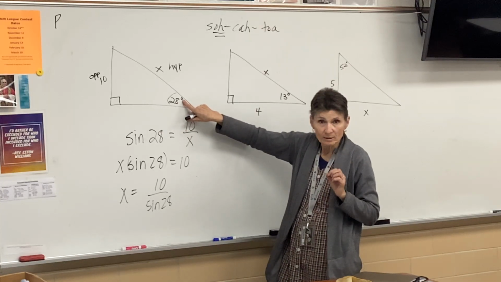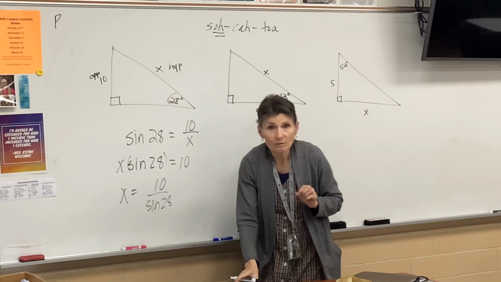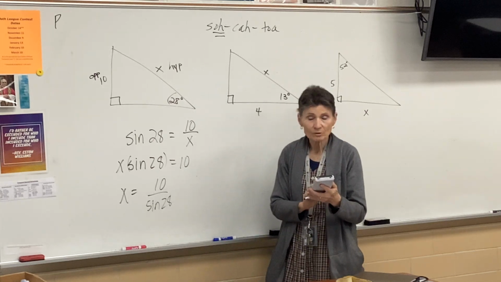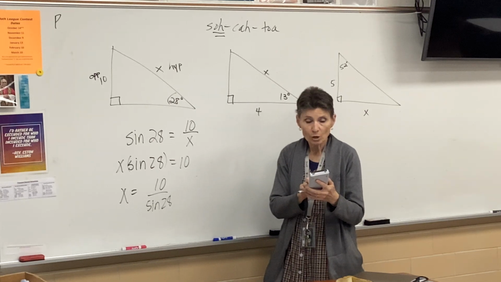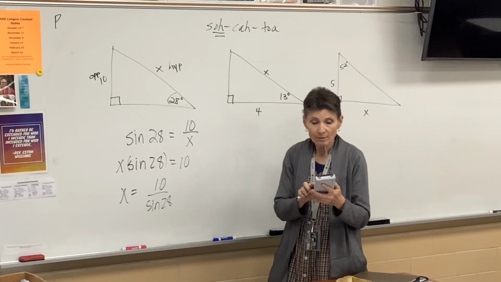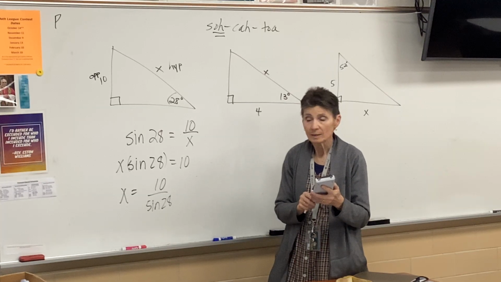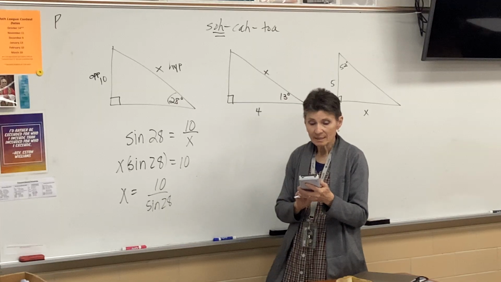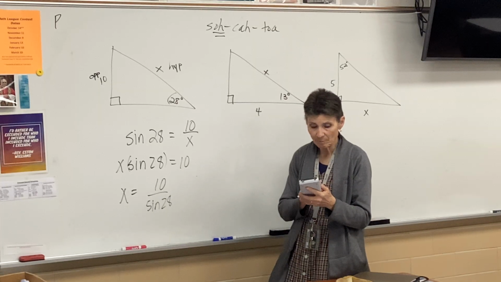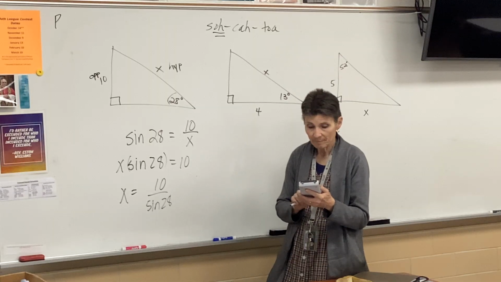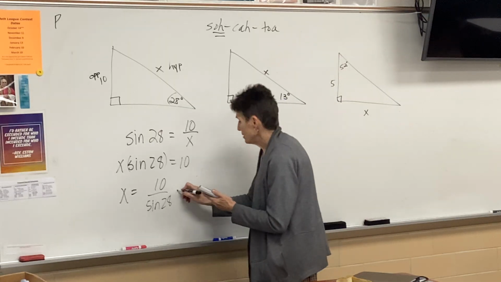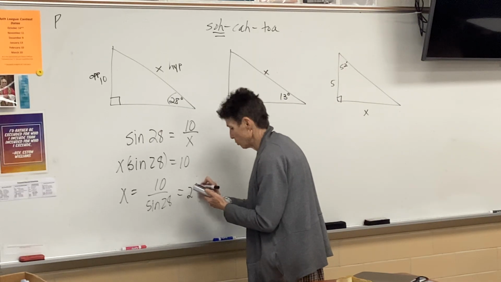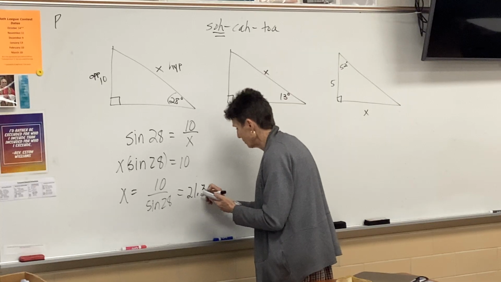That's a degree mark. So my calculator needs to be in degrees. So mode, go down, highlight degrees, press enter, and then type in 10 divided by sine 28. And your answer is 21.30.